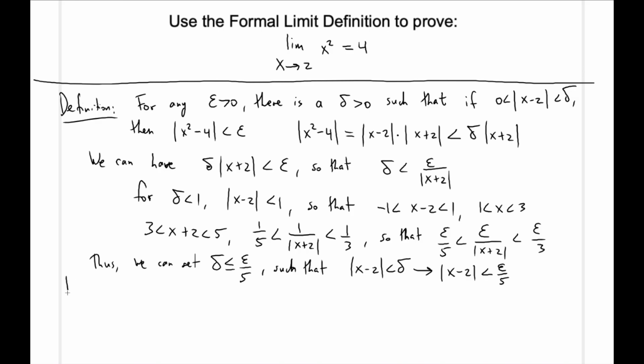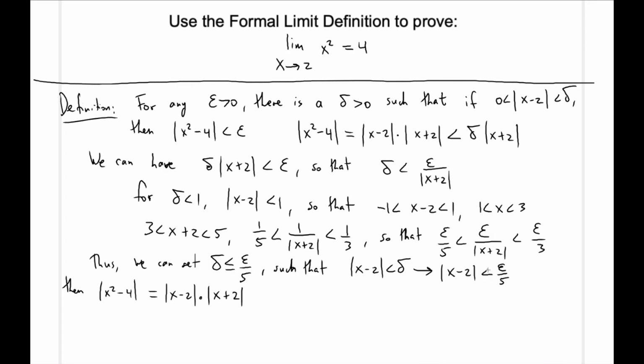So now let's get to this part again, because our goal is to start with this and end with epsilon to the right of the less than sign. Thus the absolute value of x squared minus 4 is equal to, again expressed as a product, the absolute value of x minus 2 times the absolute value of x plus 2. Now notice that the absolute value of x minus 2 was less than epsilon over 5.